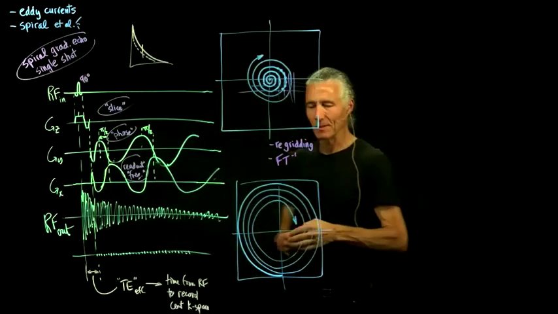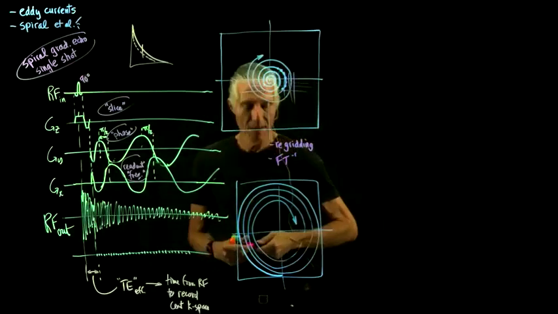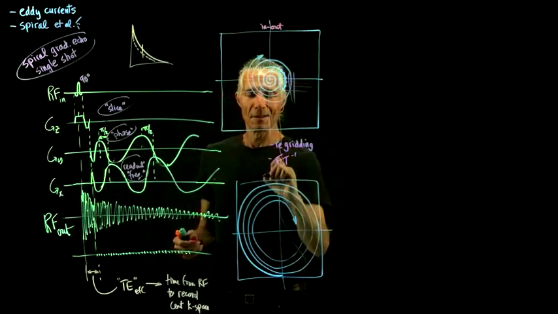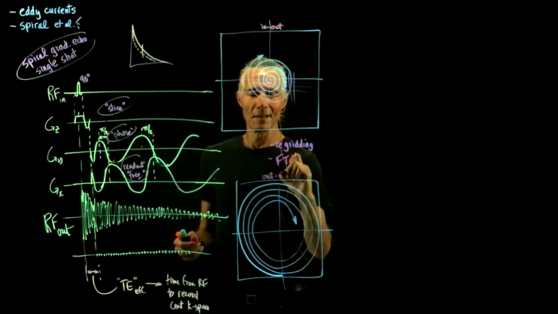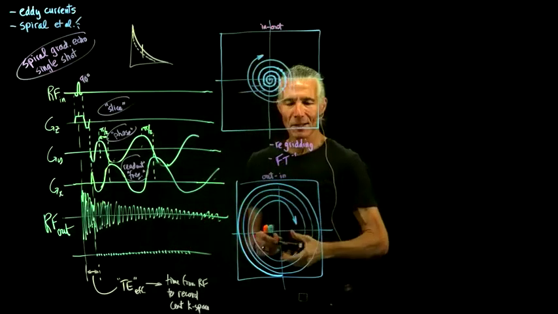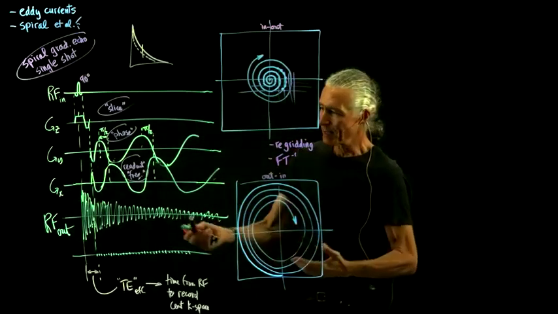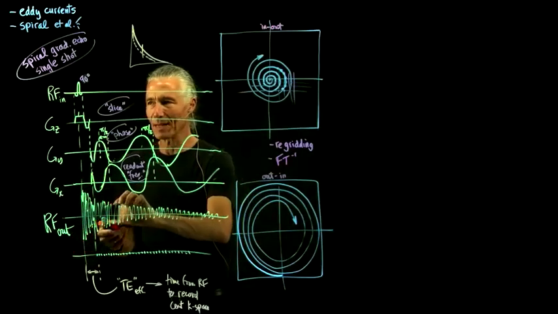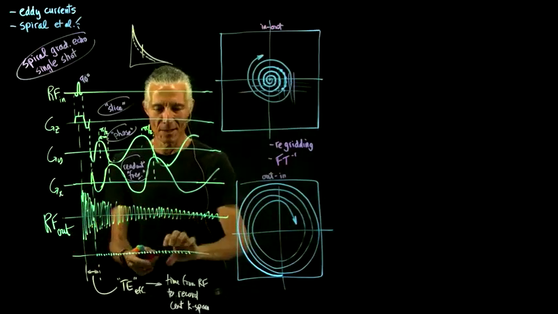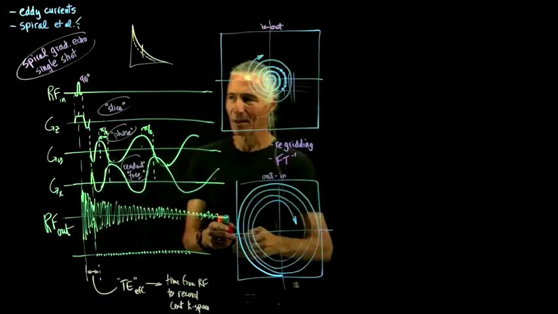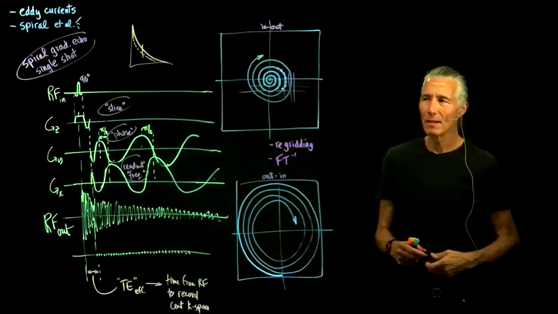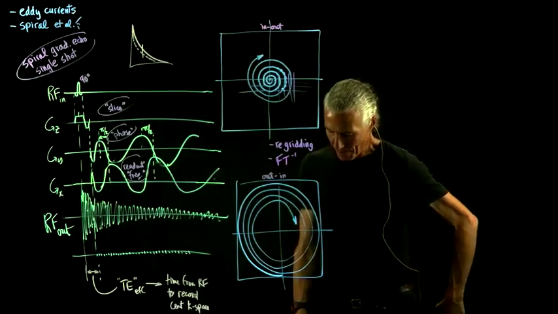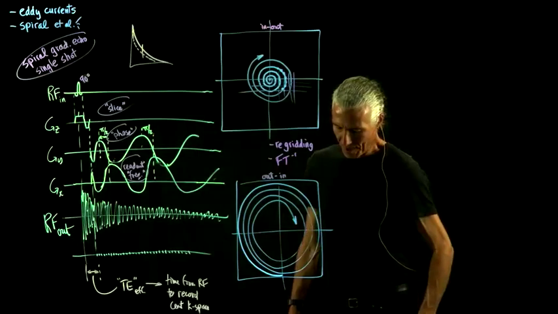So this is an in-out spiral, and here's out-in. In that case, the signal would be decaying, but as you went to the center of k-space, it would be getting bigger, so the signal would increase as you headed toward the center of k-space. So you can do functional MRI with spirals like this. That's not a problem.